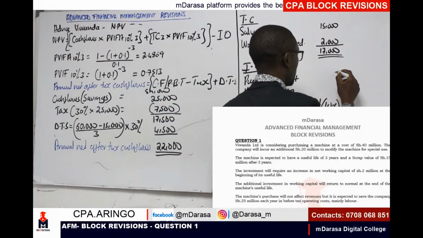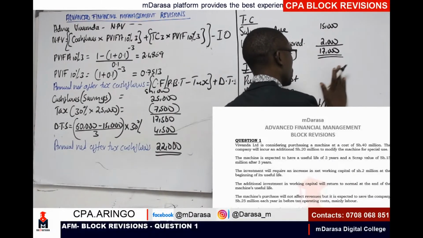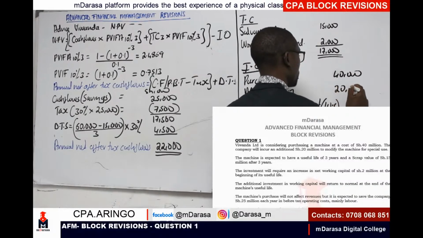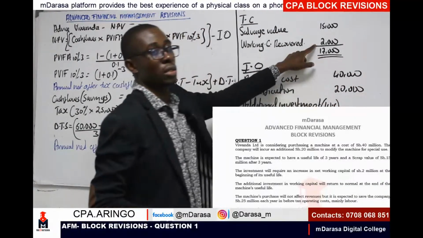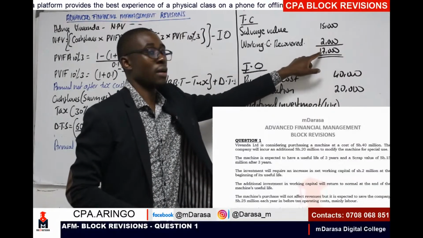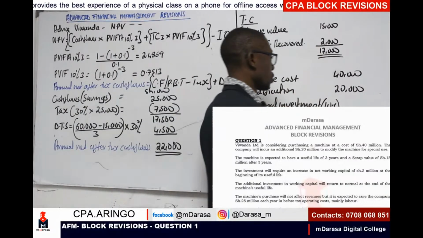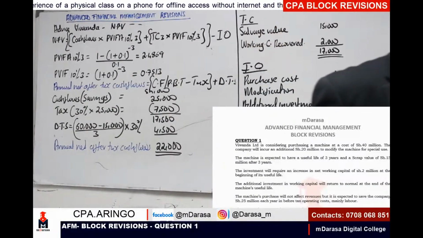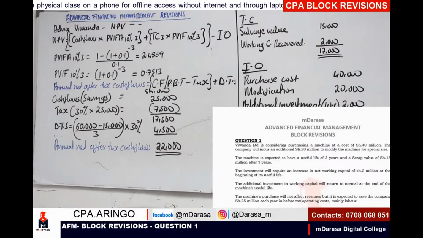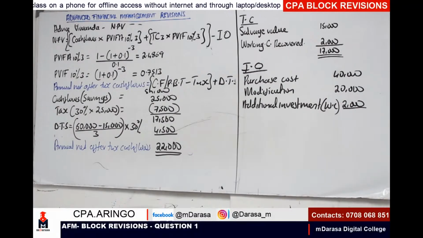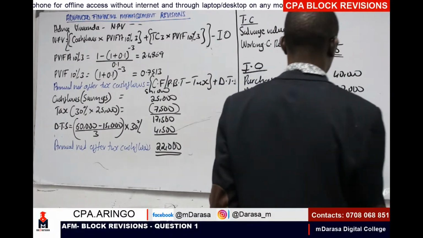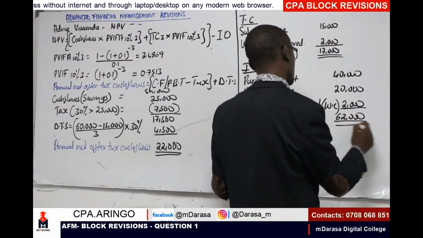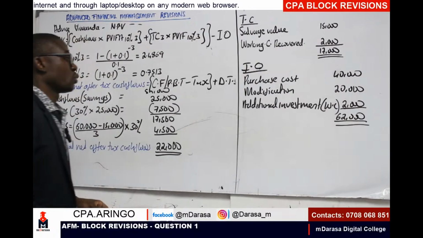So we're having the 40 here. I'm having modification 20. Working capital, 2 million. So for initial cost, I should be having the value of 62 million here. So once we have that, we have everything.